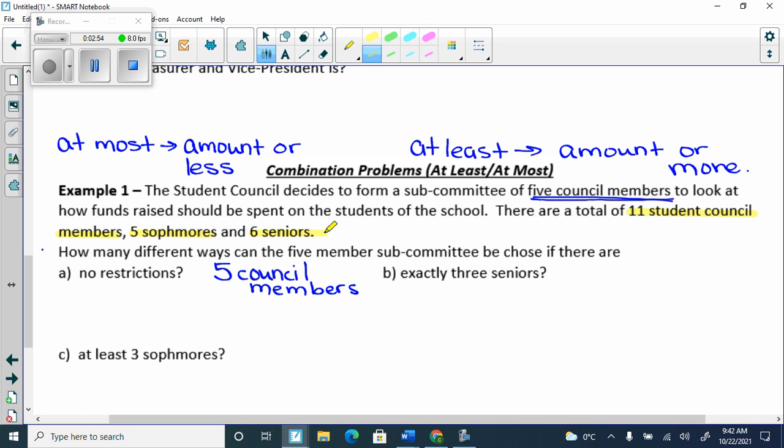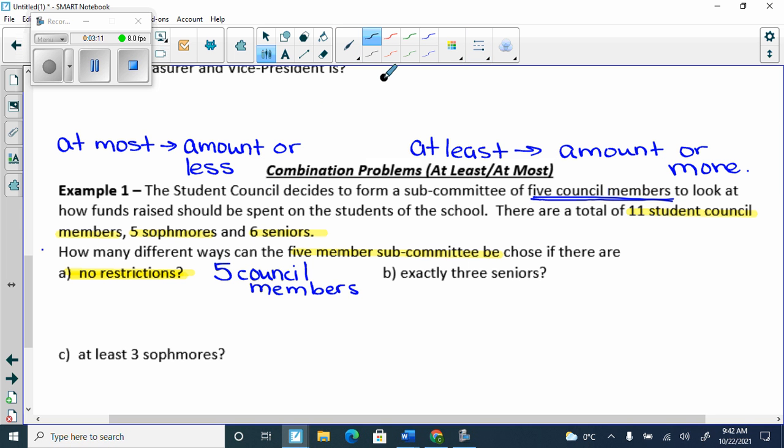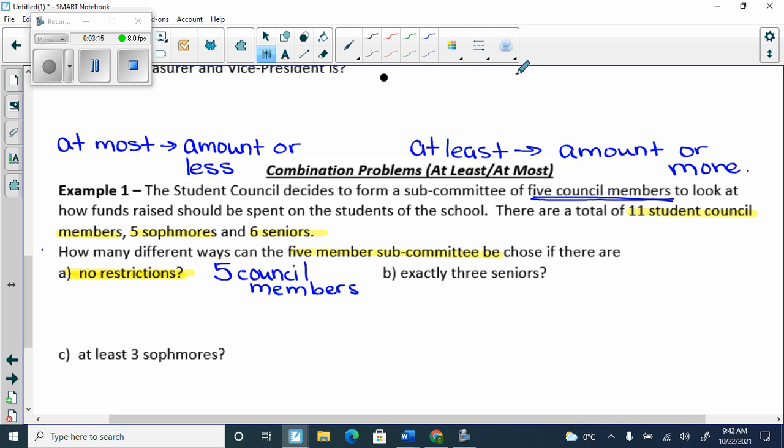So here it says, how many different 5-member subcommittees can be chosen if, and now I'm going to give you some restrictions. If there are no restrictions, what would I do? 5-member subcommittees. Does it say anything about sophomores or seniors? No. All it says is a 5-person subcommittee.